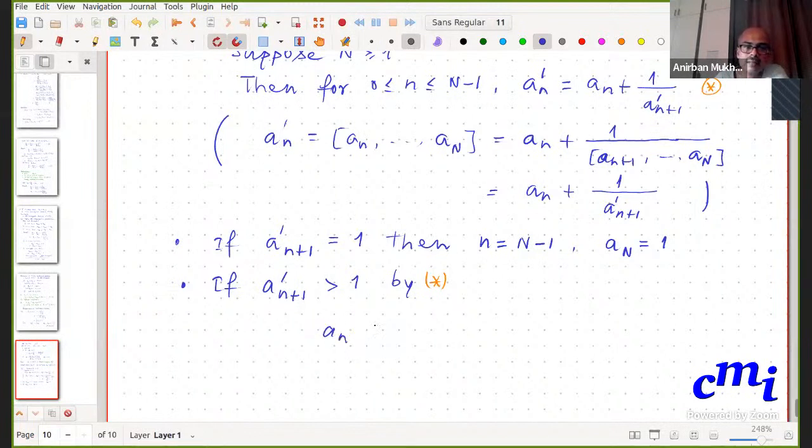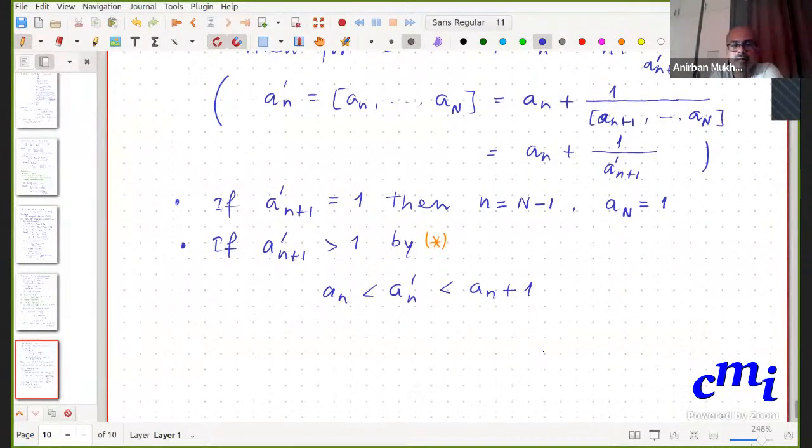Of course, a_n' is bigger than a_n, but it's also smaller than a_n plus 1. And therefore, we have what we wanted, that a_n', the integral part, is going to be exactly a_n, because this entry a_n' is between a_n and a_n plus 1. And a_n is an integer, so it is the integral part.